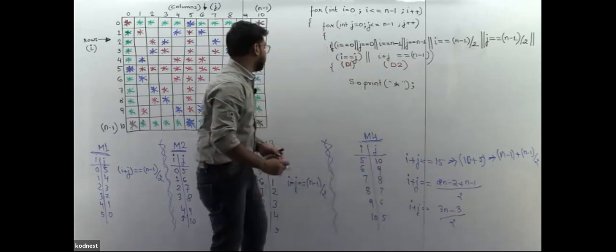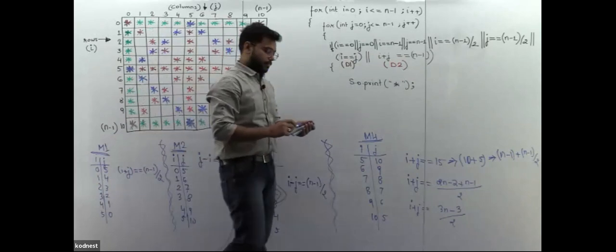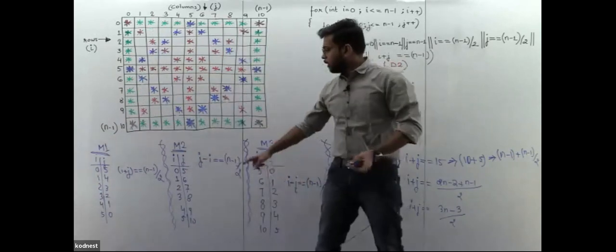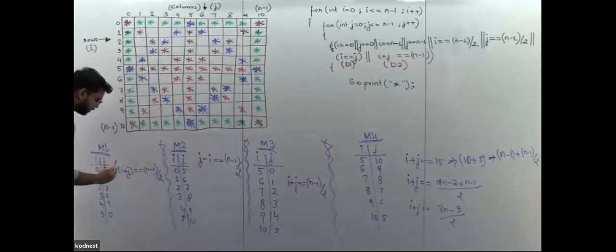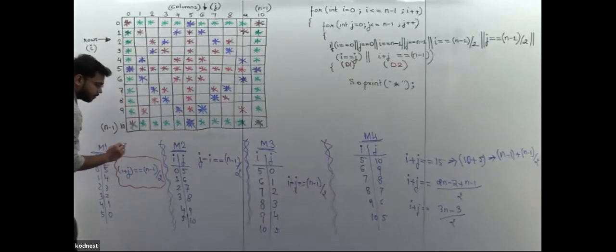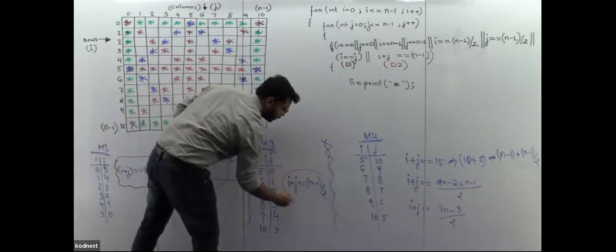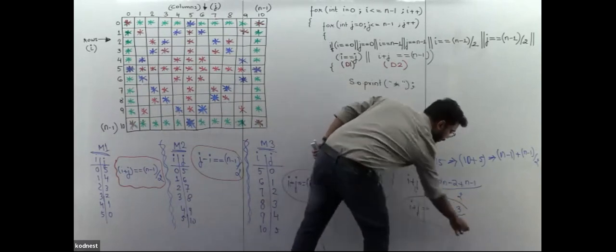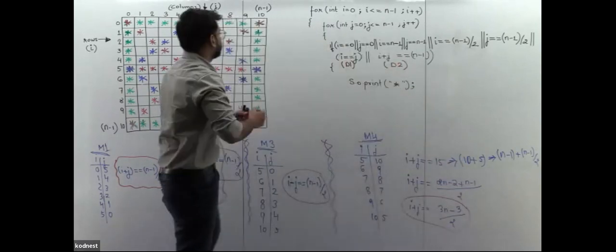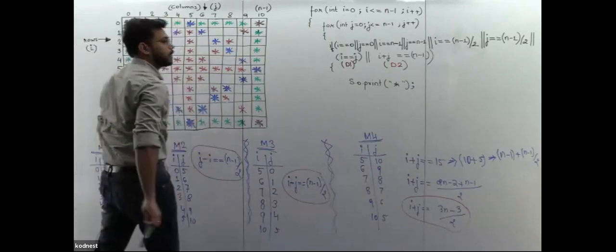This is the condition for this diagonal. If you put all these 4 conditions in the for loop, you will get this particular rhombus that you are seeing.